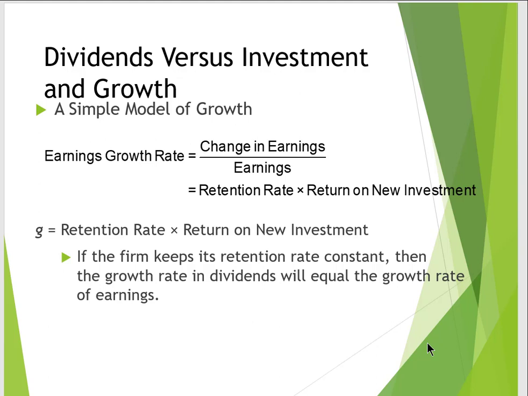So if they're not changing their retention rate, that is, their dividend payout rate, then we can assume that future earnings growth, if we can predict that, is going to be equal to the growth rate of dividends themselves.